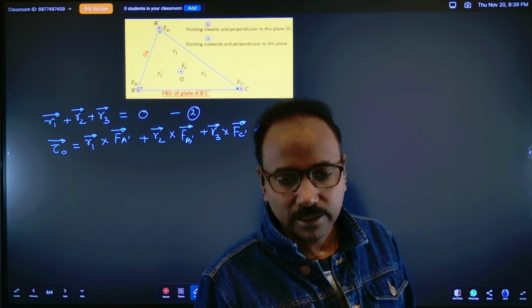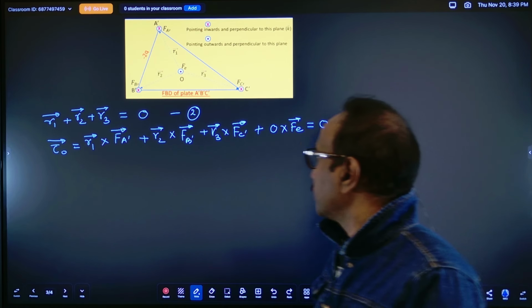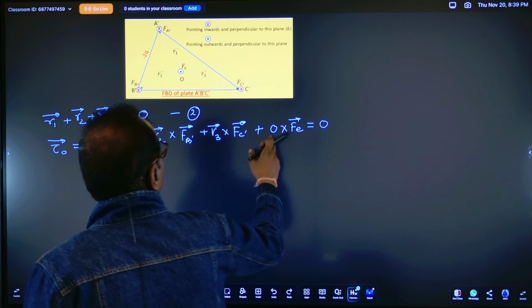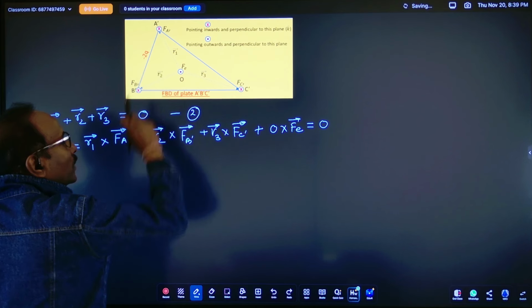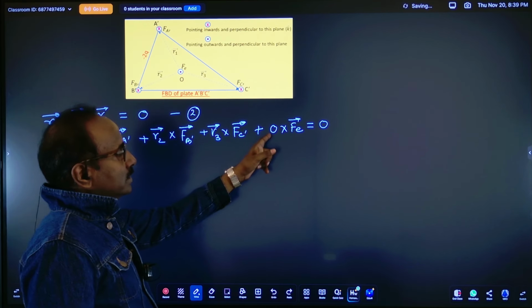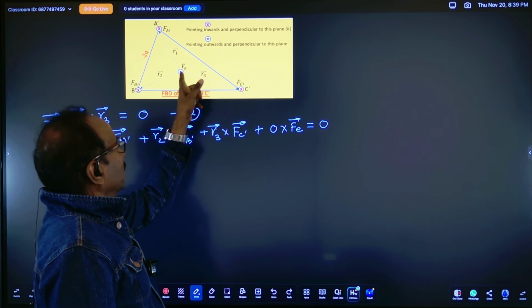Angular acceleration is 0. And this 0 is because we are taking the torque about the point O itself. So moment arm is 0. So there is no torque for Fe.